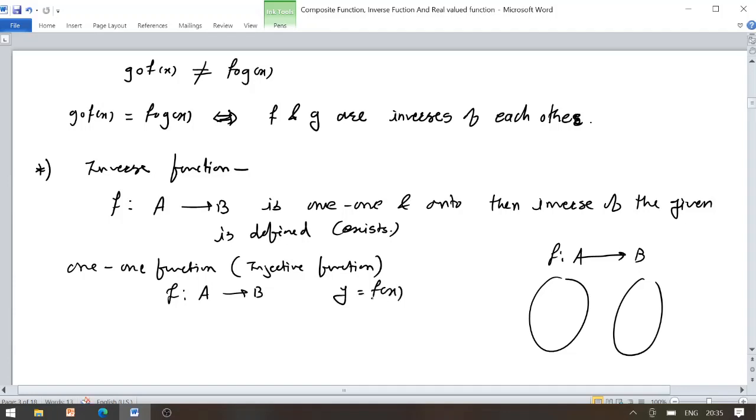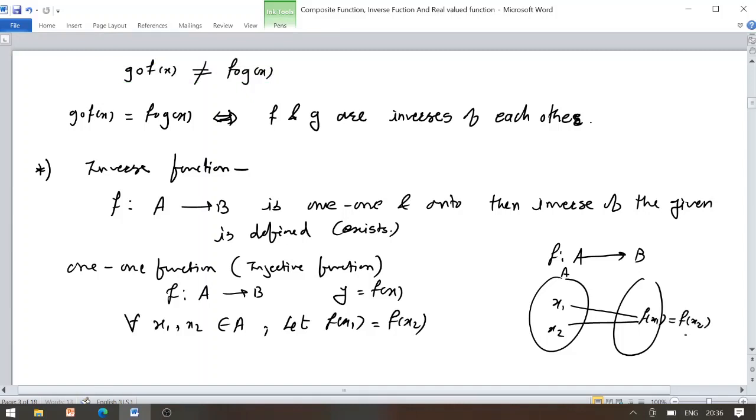Now for all x1, x2 that belong to the domain A, that means any two elements belonging to the domain A, let us consider f of x1 equal to f of x2, that means both elements are related to a unique element from the set B, or the codomain B.